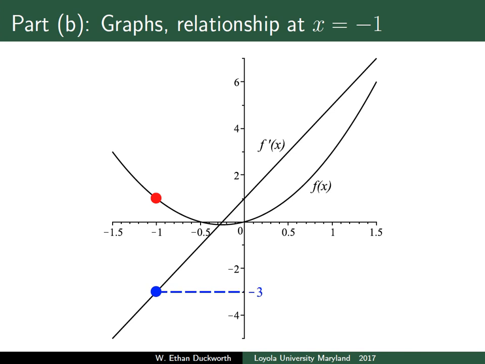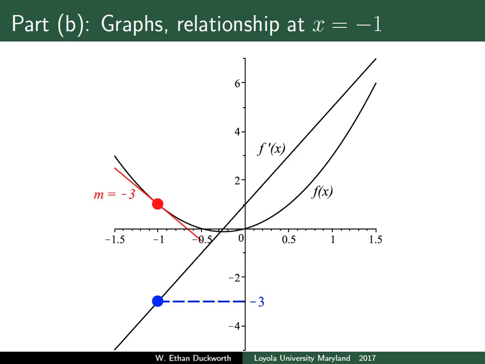The y value there is -3, and that's related to something with the red point on the parabola. It's related to the slope of the tangent line. And so I've drawn the tangent line in red, and in fact the relationship is that, do you know it? They're equal. So the slope of the red line is equal to the y value at the blue point.